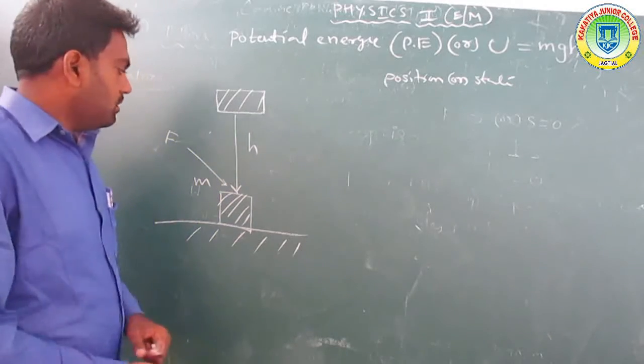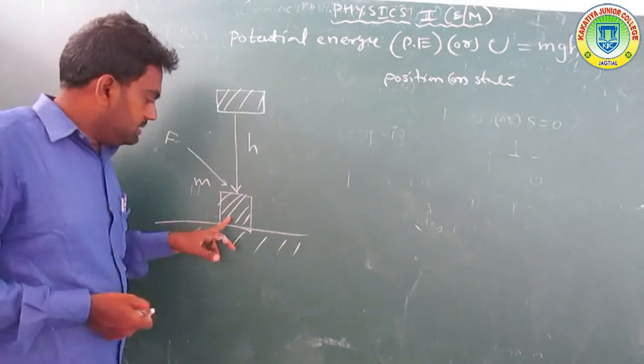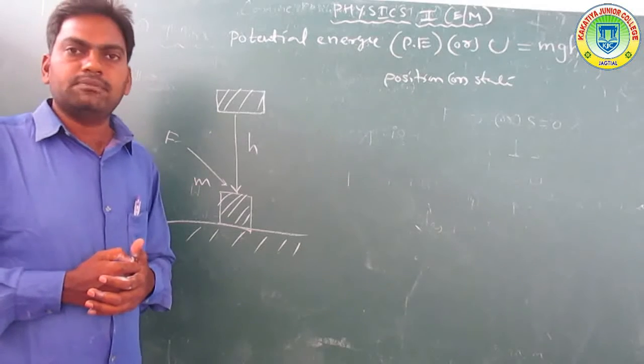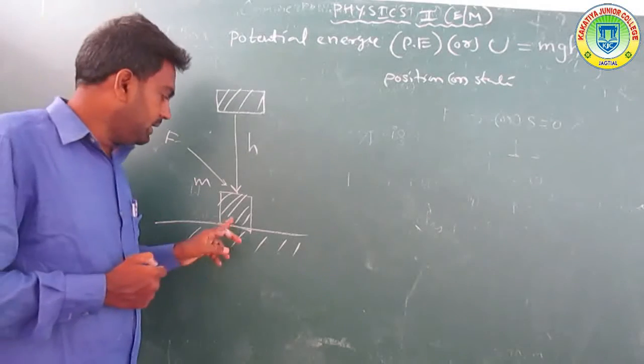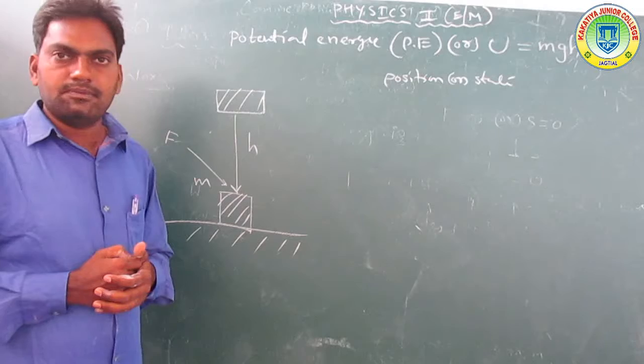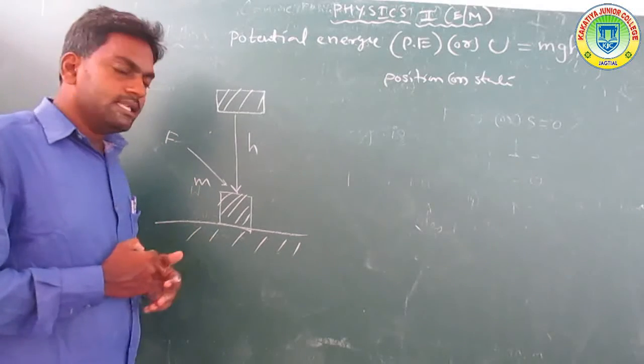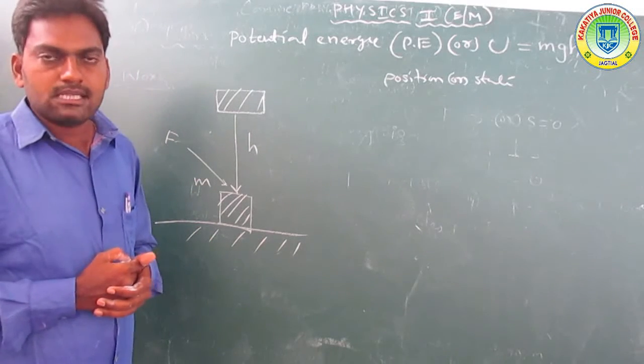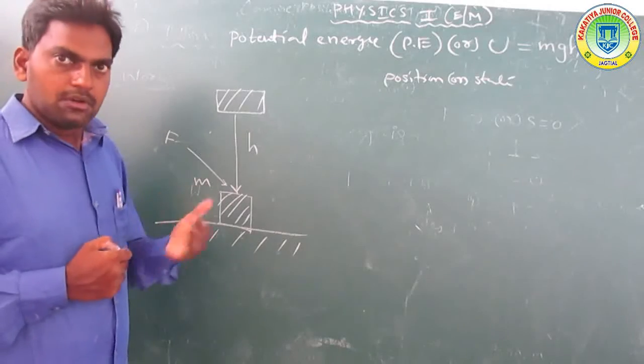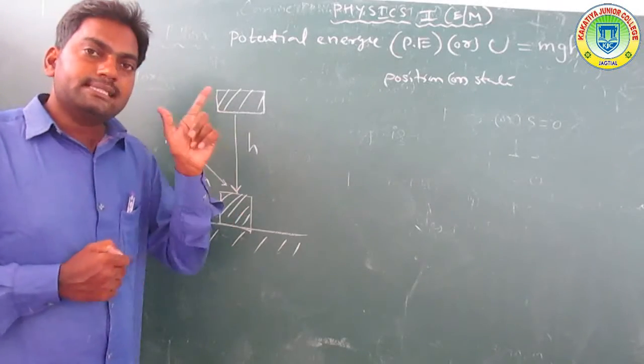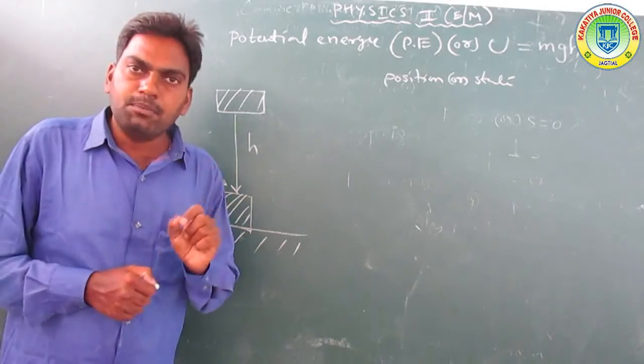So the body of mass m is placed on the surface of the earth. The force applied or required is equal to the weight of the body.